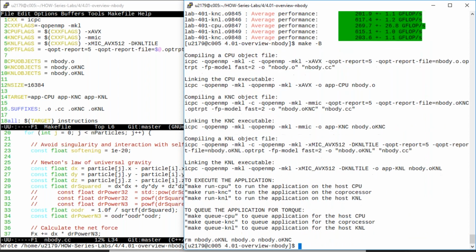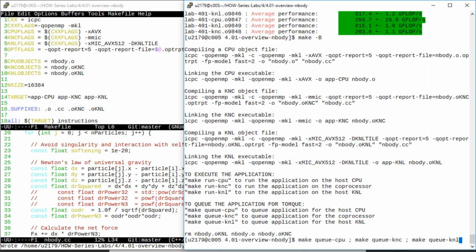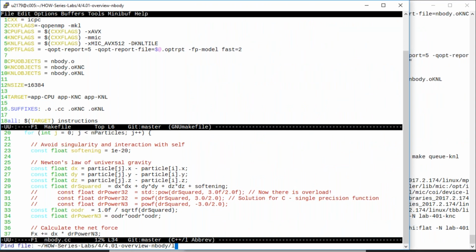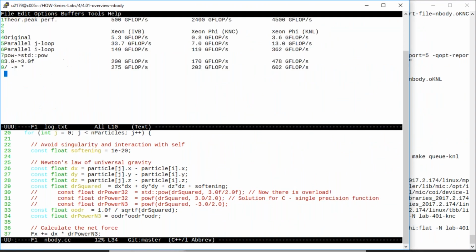Recompiling, rerunning. And to tell the truth, it doesn't change anything. It doesn't change the results of this code at all, because all it does is exclude the handling of denormal numbers in transcendental functions.